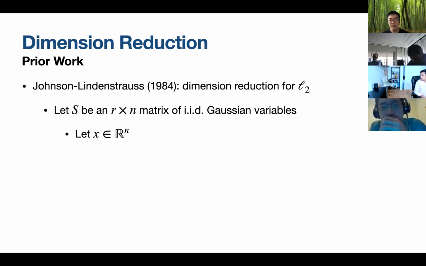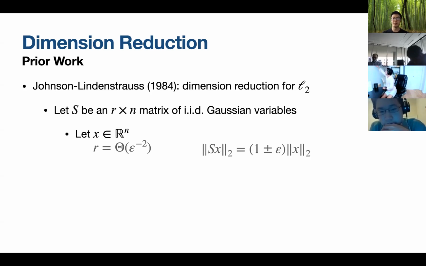And in this setting, if we have a fixed vector X, then it turns out that we can take our target dimension R, so this is the number of rows in our sketching matrix, to be only 1 over epsilon squared in order to get the guarantee that we discussed previously, where the 2 norm of the sketch SX is within a 1 plus or minus epsilon factor of the 2 norm of X.